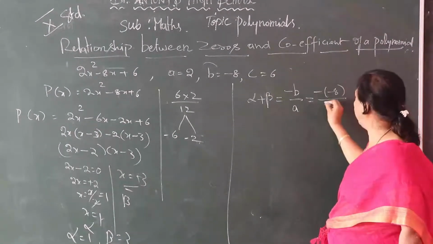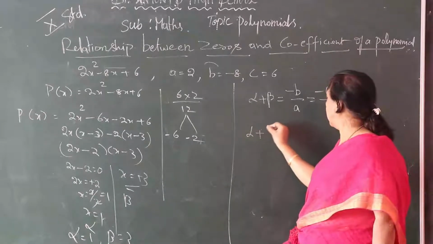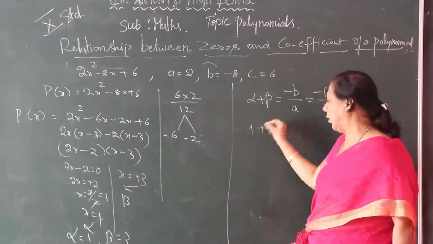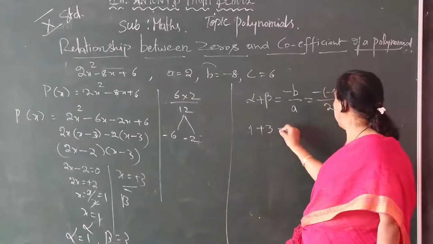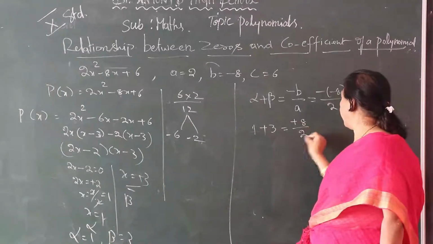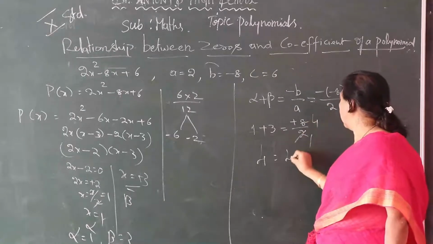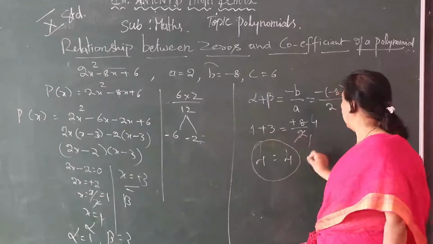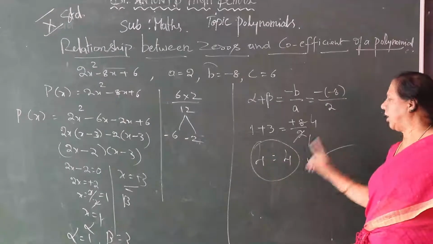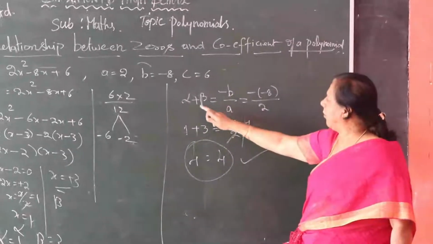A is 2. So alpha plus beta: alpha value 1 plus beta value 3 is equal to minus into minus plus 8 by 2, which is 4. So your sum is correct. They told you to verify. LHS is 4, RHS is also 4. This is the way you have to find out the sum.